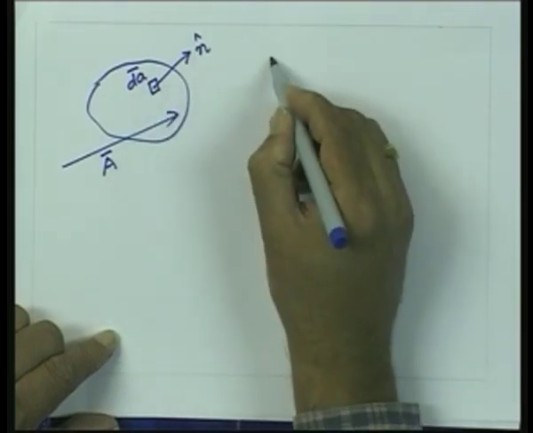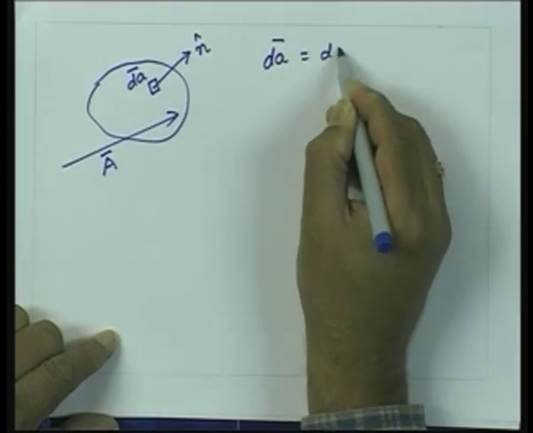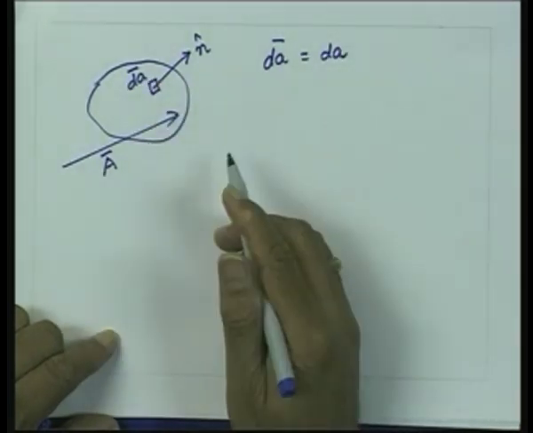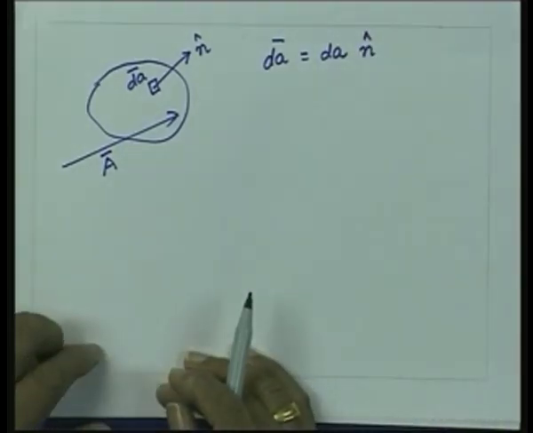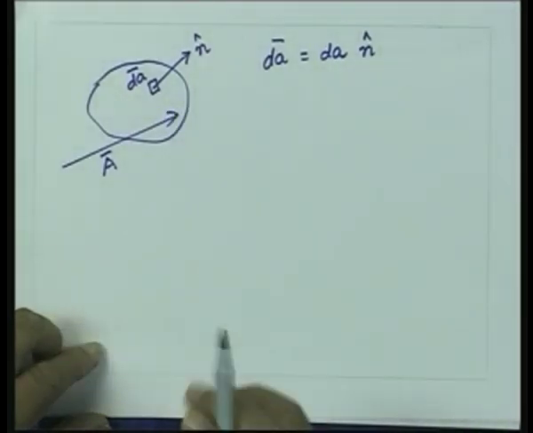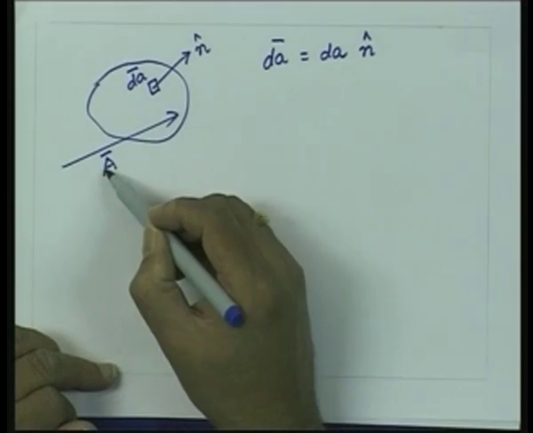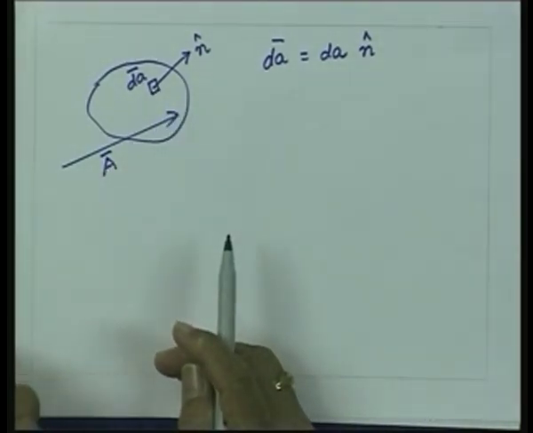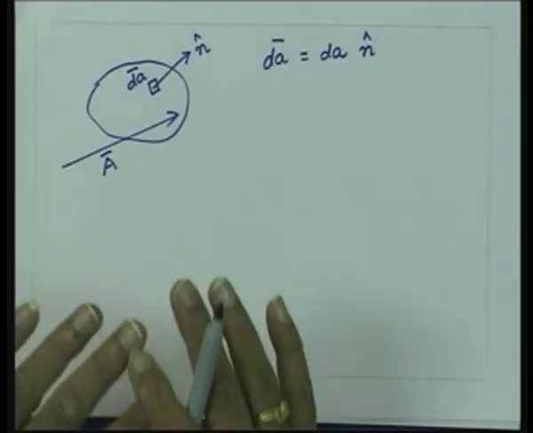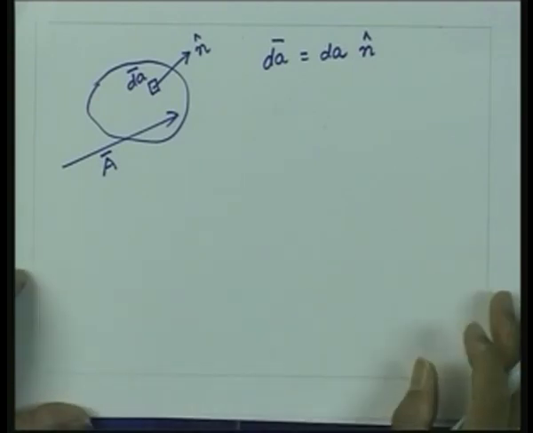So, dA, the vector area, is the infinitesimally small area multiplied by the unit vector in the direction perpendicular to this area. If I take the dot product of A and dA, and sum over the entire surface, that gives me what is called the surface integral.